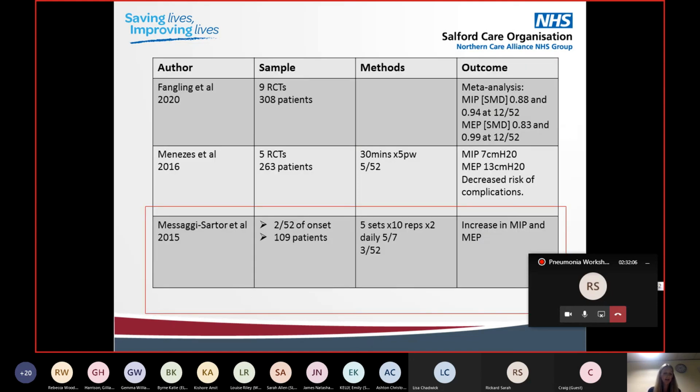So again, with most literature, you can find studies that are for and against. As we've mentioned, Pollock in 2013 didn't find any change to incidence of pneumonia. The two systematic reviews that I've used here are in 2016 and 2020.